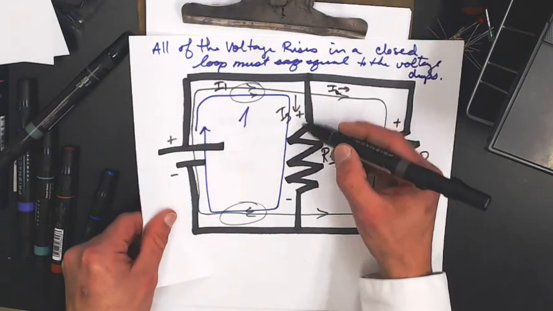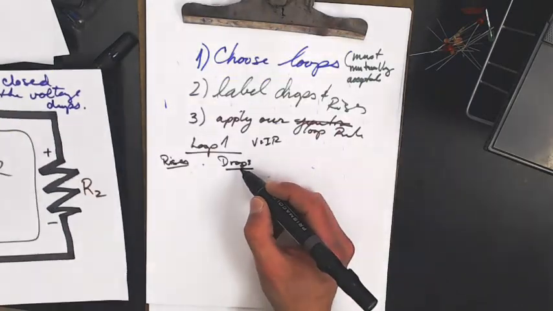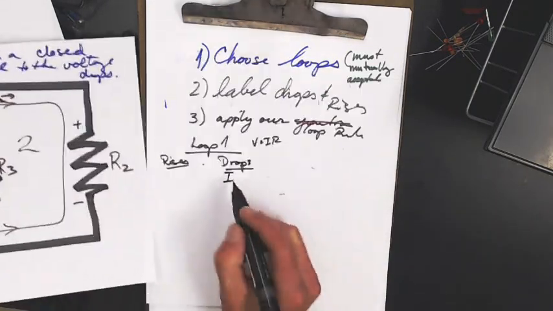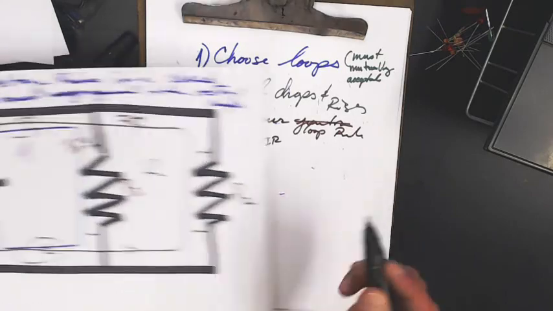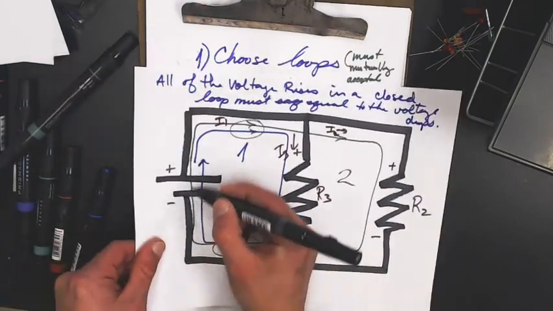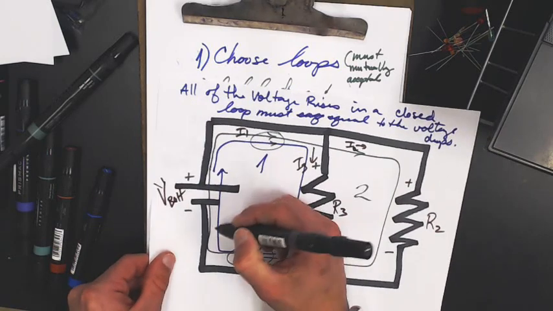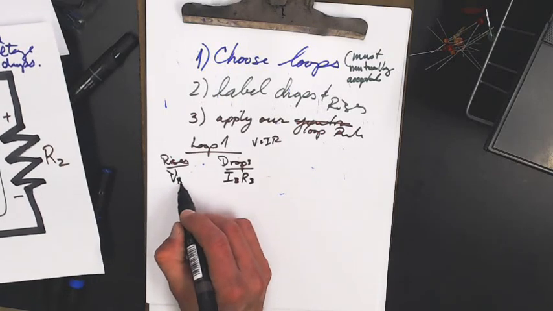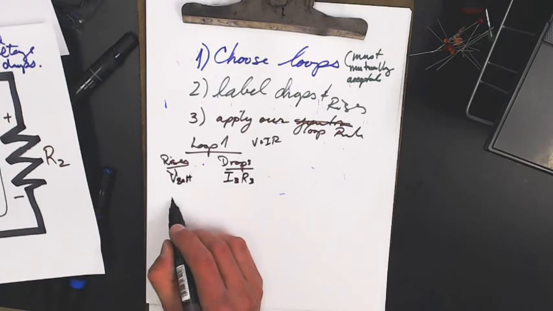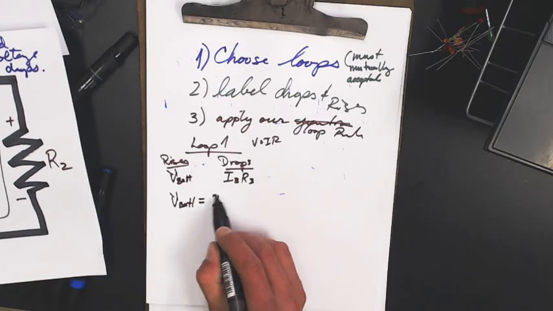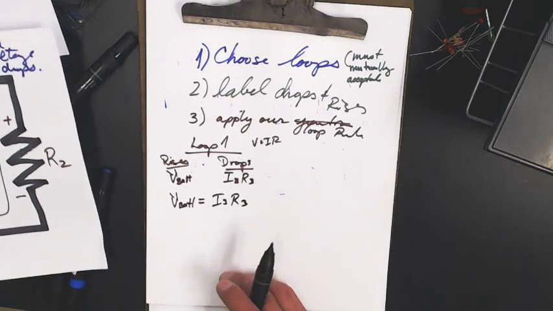That's a drop of I3 times R3. And then I come back to my, call this V battery. My voltage of the battery, low potential to high potential, is a rise. Okay, so V of the battery has to equal I3 R3.